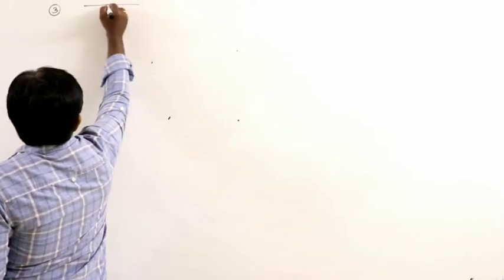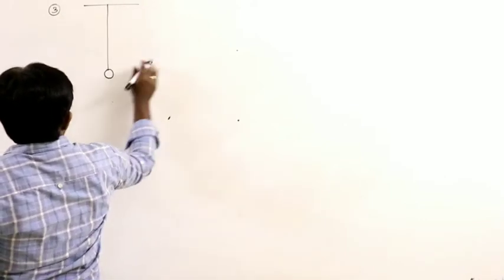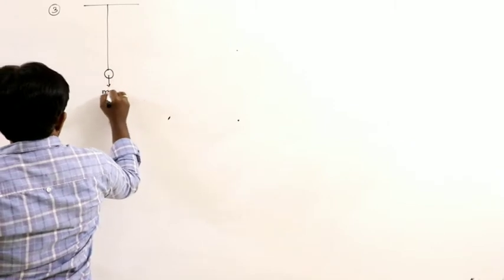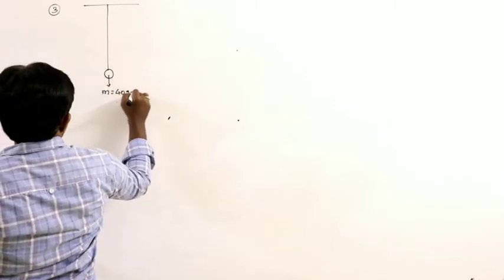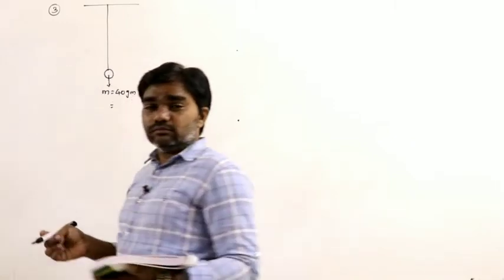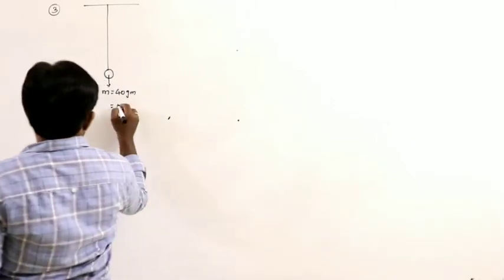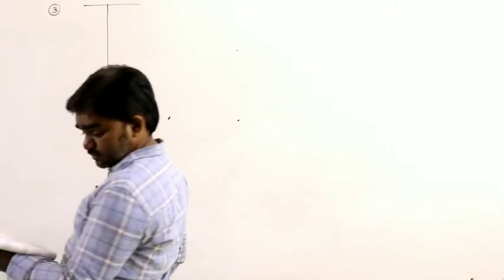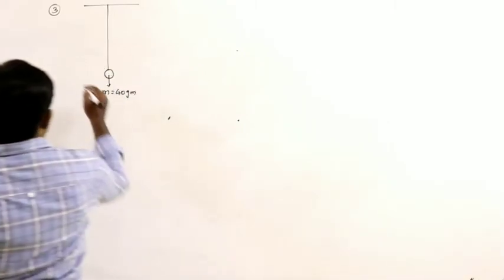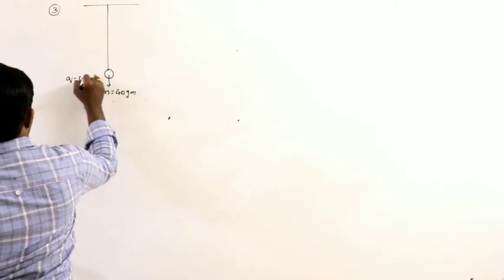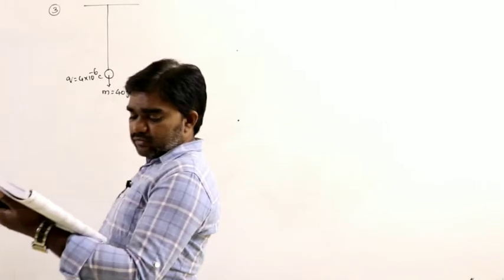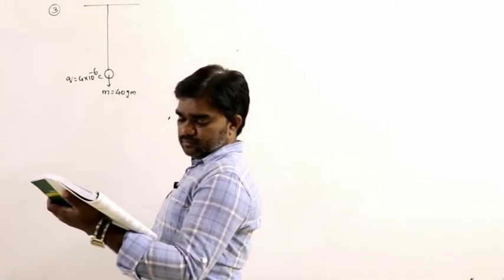So here, first, the simple pendulum mass is 40 grams. That means 40 by 1000, which is 0.04 kg. And the charge is 4 into 10 to the power of minus 6 coulombs, oscillating with time period T1.